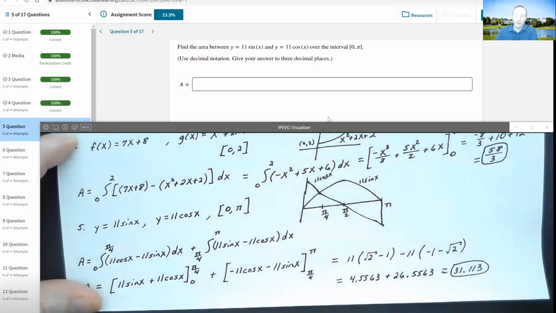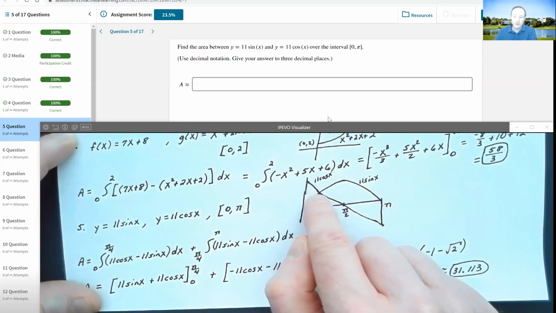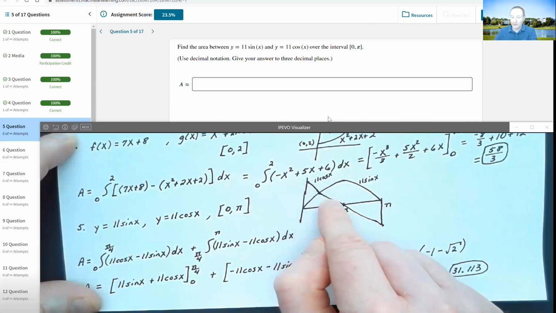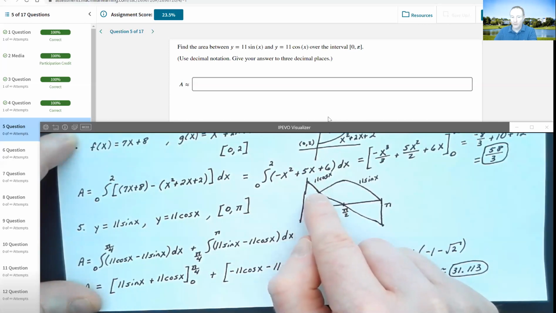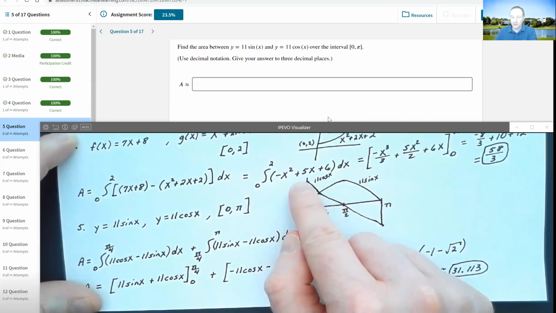But now, here's the point that you needed to know. Well, we know that the sine and cosine have the exact same value. They're both the square root of 2 over 2 at pi over 4. So these two functions are going to intersect at pi over 4. After that, the cosine function's always beneath the sine function. Before pi over 4, the cosine function's on top.